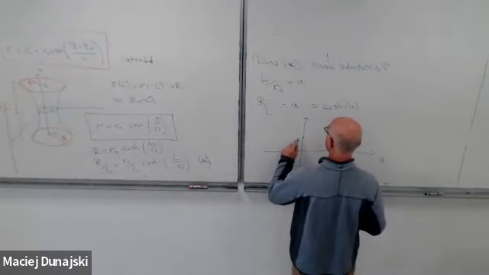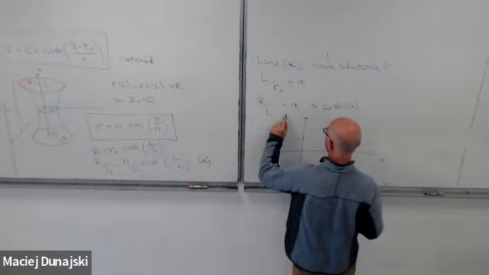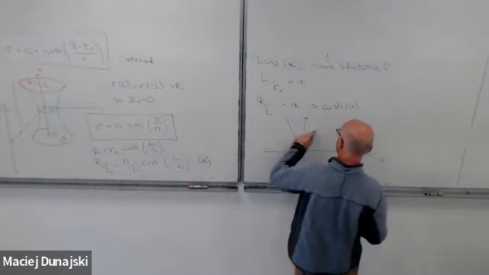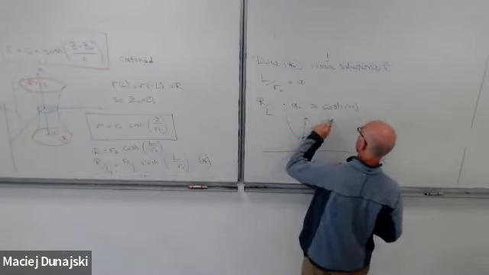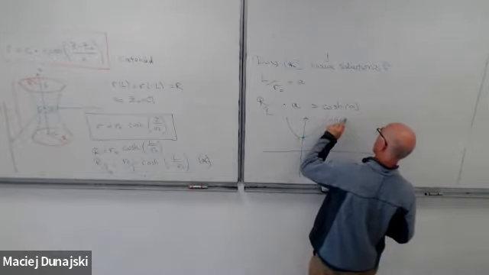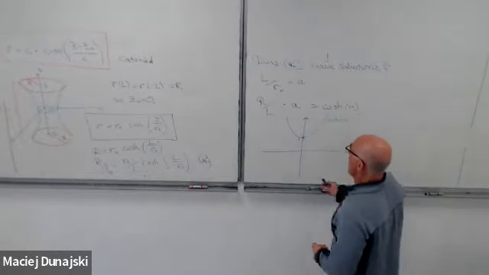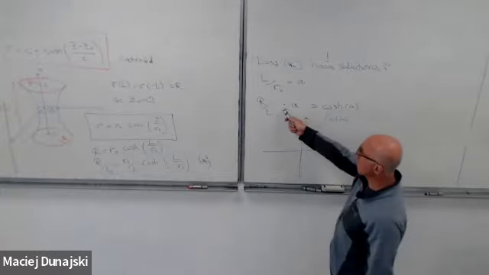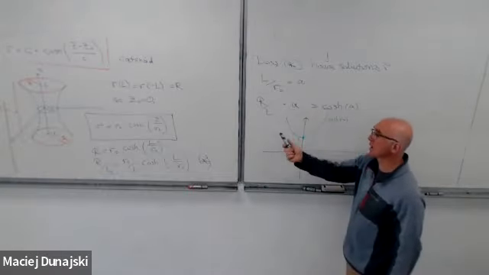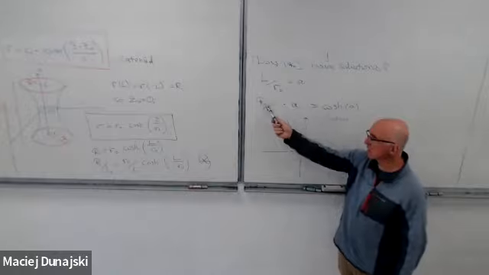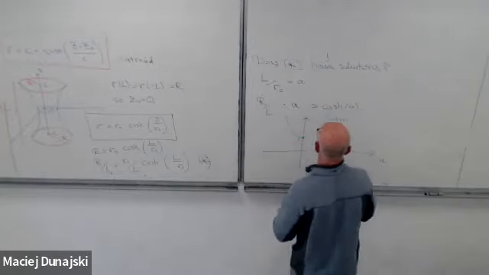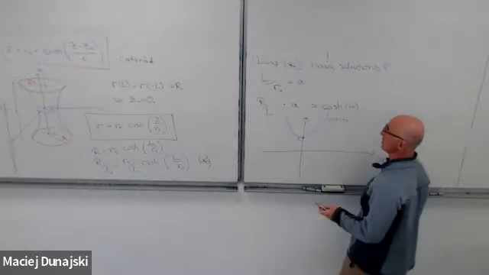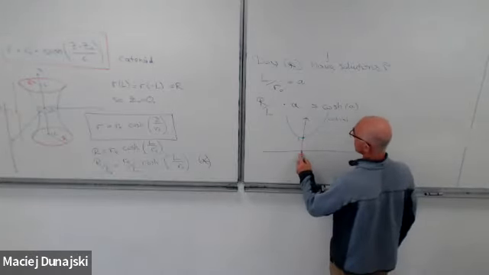Cos of 0 is 1, and then cos looks like this. And what is this? Well, that's a straight line, and the slope of this line is given by R over L. And it either intersects this or not.